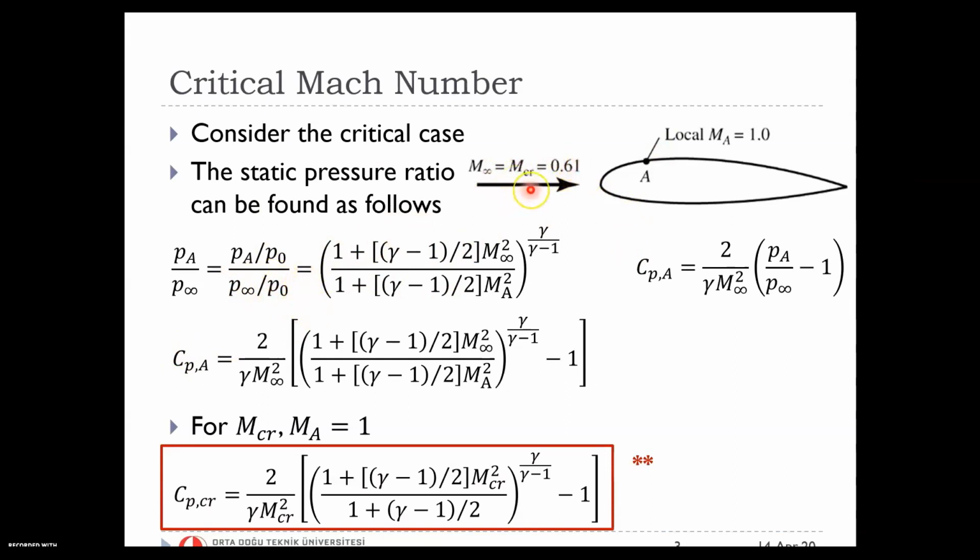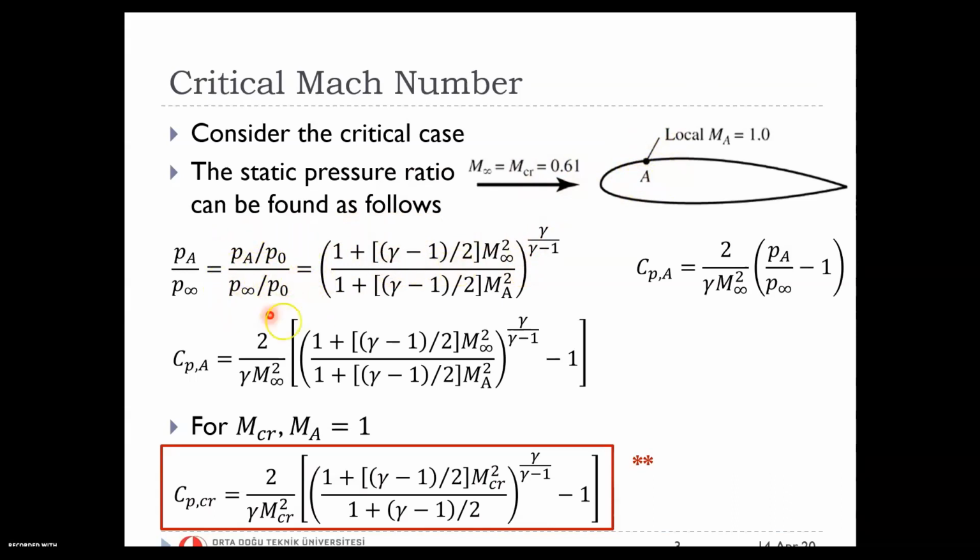At this point we can assume that the flow is isentropic because we neglect the effect of viscosity, we don't have any shock waves here, and we assume that the flow is adiabatic. So the flow is isentropic, which means these P0s are equal: P0 in the free stream and P0 locally around point A are the same.